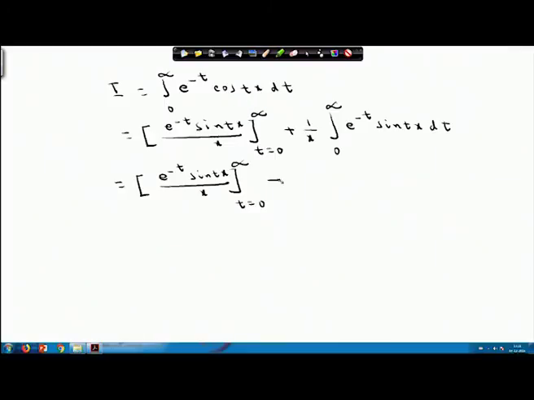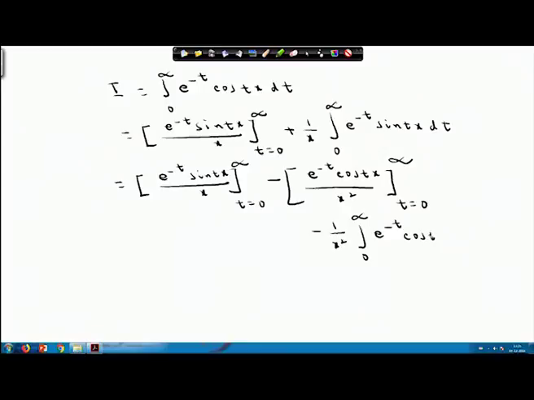If I do that, I will obtain minus e power minus t into cos of t x by x square, t equals 0 to infinity, minus 1 by x square times the integral from 0 to infinity e power minus t into cos of t x dt.